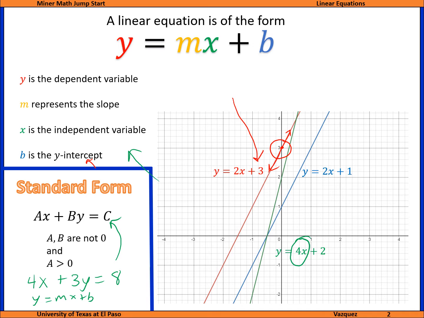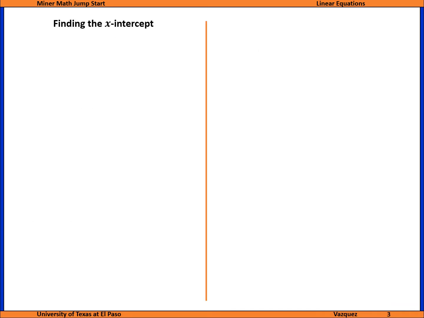All right, so after this, we have finding the x-intercept. Now, how do we find the x-intercept? First of all, just like the y-intercept, b was the y-intercept, x-intercept now means when does it cross the x-axis, right? And there's a lot of words for x-intercept.